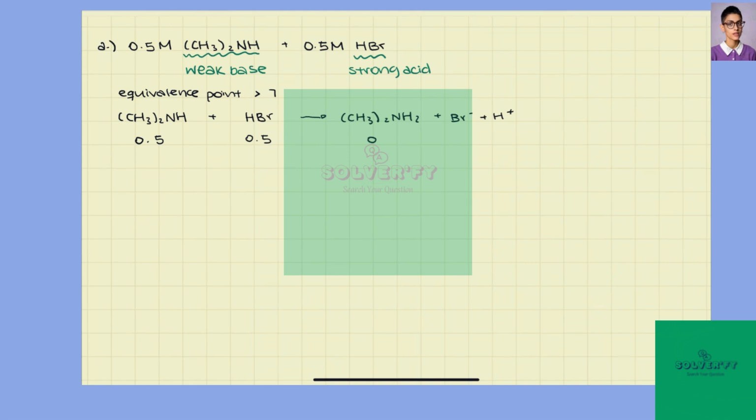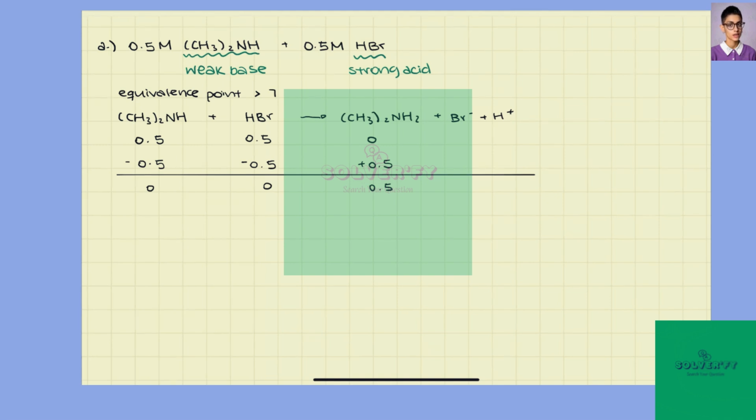Next, we will subtract 0.5 moles from both sides, because this is the number of moles that will go under reaction. And we will find our final number of moles for this reaction. Next, we will need to find the molarity of (CH3)2NH2+.